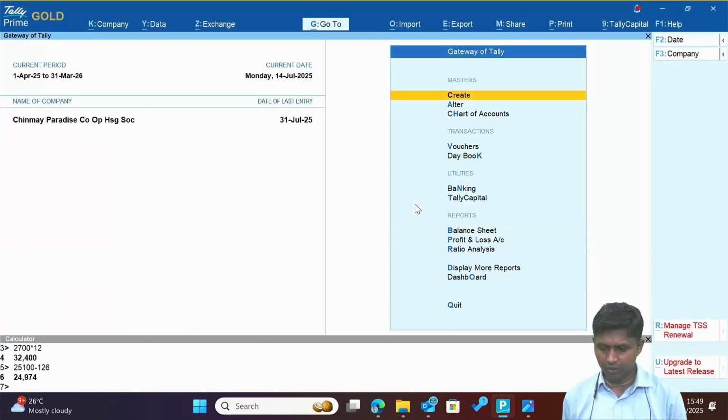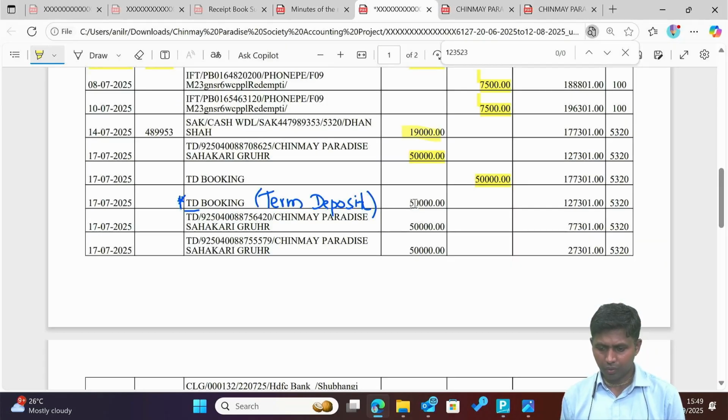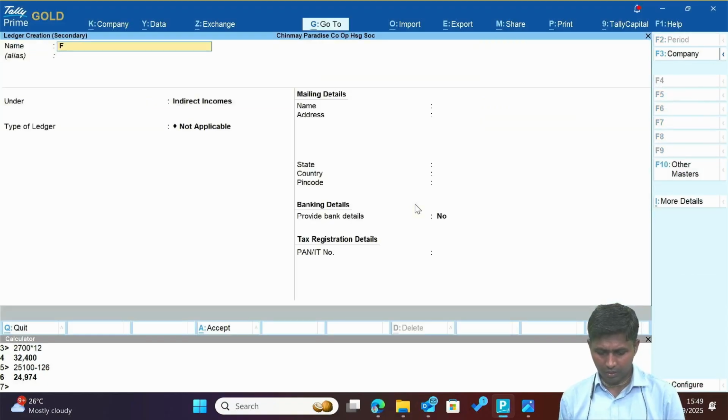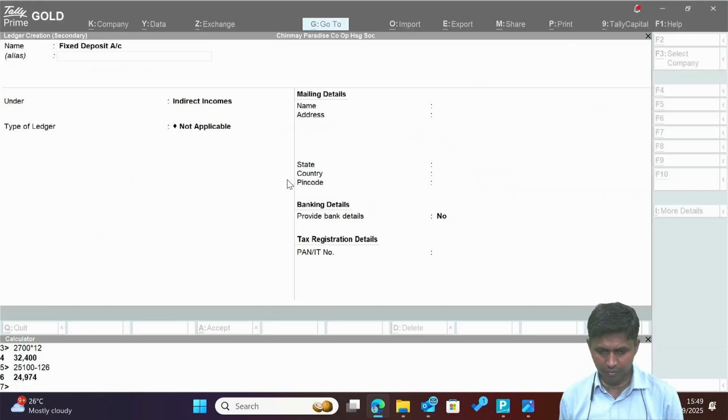in the vouchers section, term deposit. We have withdrawn the amount from our current account, therefore we can use the payment voucher type, and then we are creating a fixed deposit account ledger. If you know the fixed deposit number, then you can give the number for future reference here.